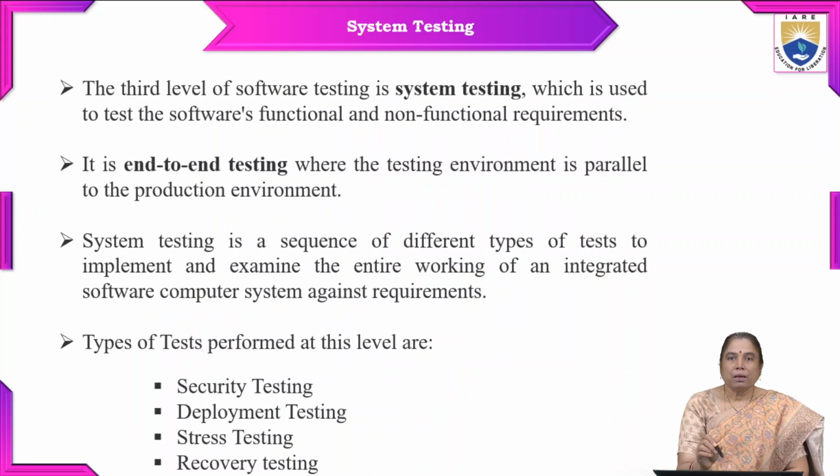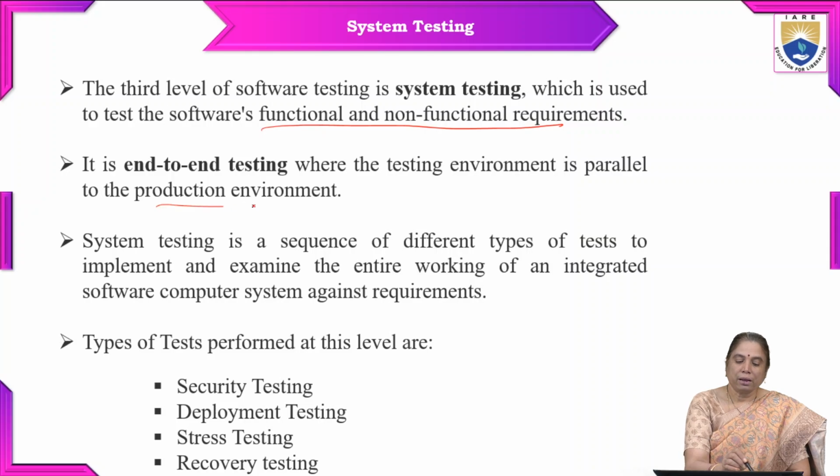The third level of software testing is system testing. After the modules are integrated, testing the whole system is generally referred to as system testing. Here the functional requirements as well as the non-functional requirements are concentrated on. It is end-to-end testing where the testing environment is parallel to the production environment.